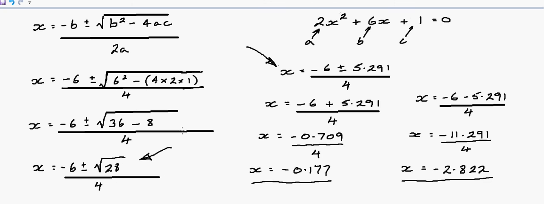So all you need to do is identify a, b and c, substitute them in, do the necessary arithmetic, and then the calculator will take it from there. One of the beauties of maths is there are little or no exceptions to a rule.